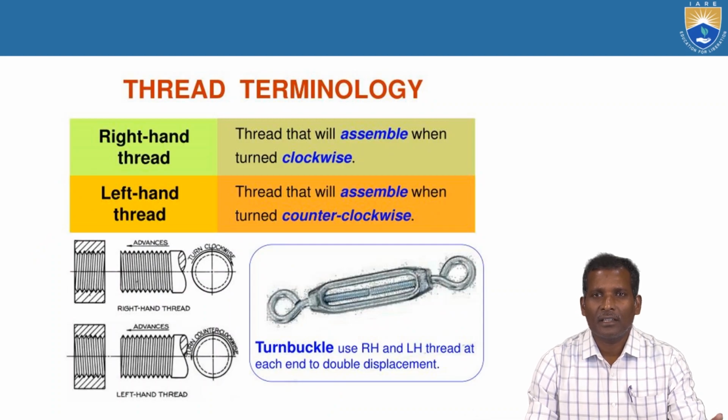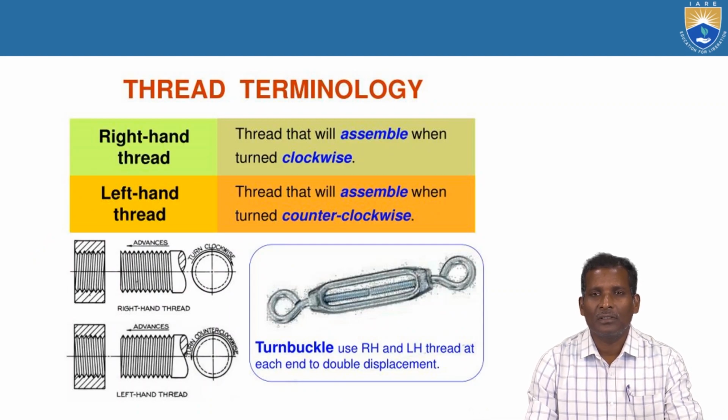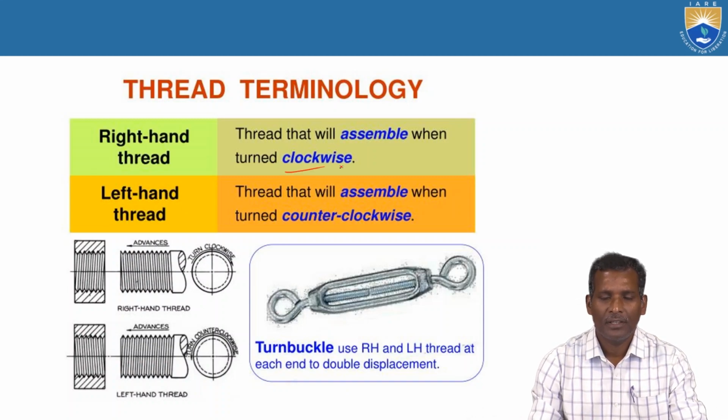This is again classified into two types: right hand thread and left hand thread. It depends upon the thread rotation. Suppose clockwise rotation is possible in right hand thread. It means the thread will assemble when turned clockwise.